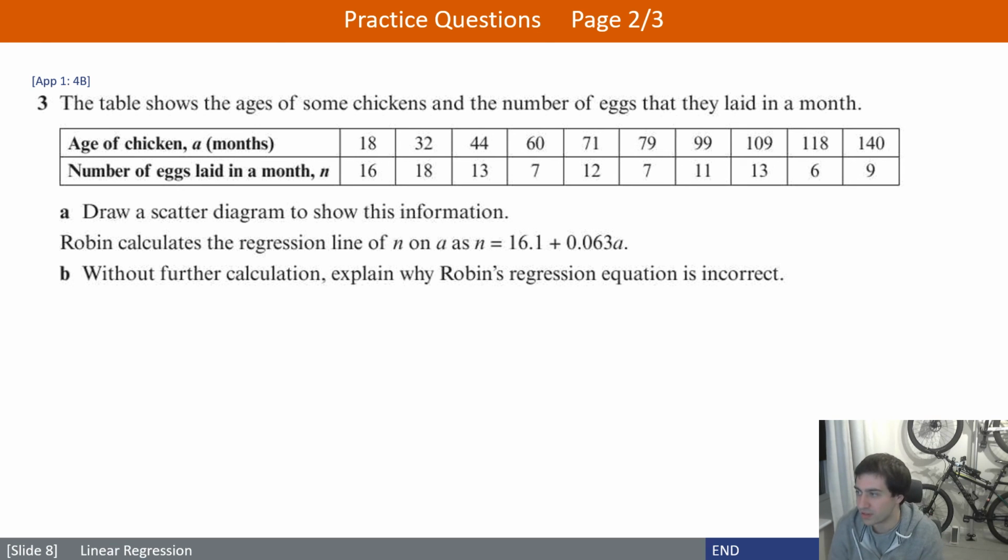There are free services out there, or just Google plot bivariate data, and there'll be web applets that can do it. But do get the picture of it up, but don't spend ages trying to make a neat graph, because that's not a good use of your time. Once you've got that, see if you can then justify why the regression line might be wrong. You can pause the video now.